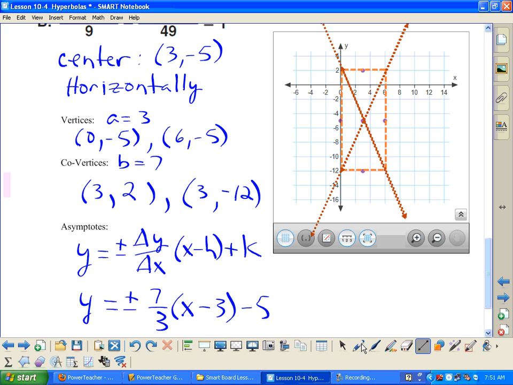And then once again, this one opens horizontally too. So this one's going to be really wide, and that happens sometimes. So you hit the point, and then try to stay close to the asymptote.